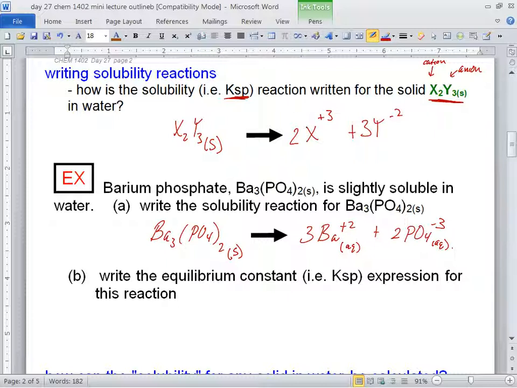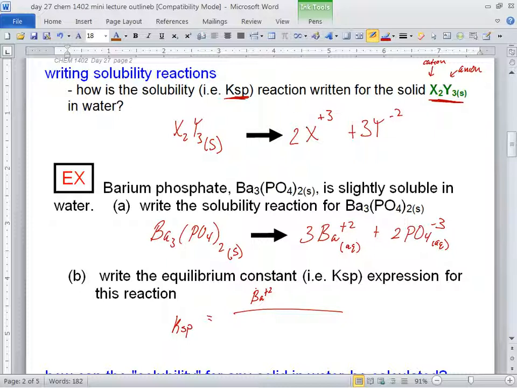Okay. Write the equilibrium constant expression, Andromeda, the KSP expression. So there's our reaction. KSP equals what over what? The Ba plus 2. Now, what are you doing with that 3? Oh, 3 is the exponent.